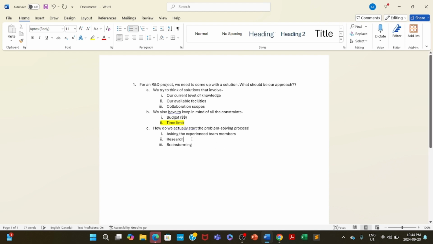So, research basically means, this R&D project, this problem is not probably super innovative. This is innovative to some extent. So, like we do literature review in academic research, for this kind of project we'll have to know what the available solutions are that are already being utilized in the market or in other companies or industries.